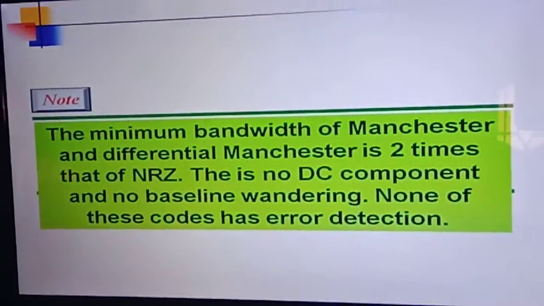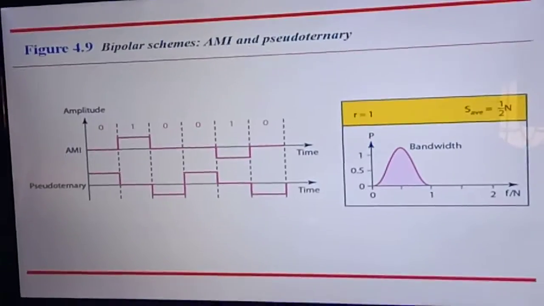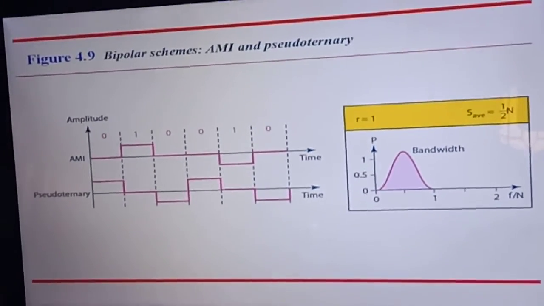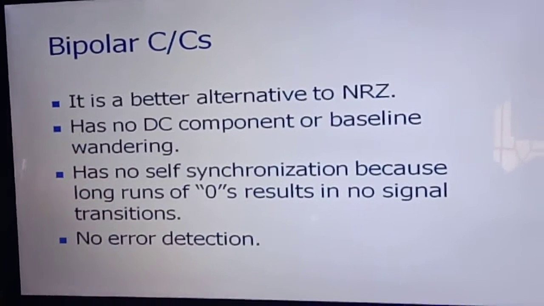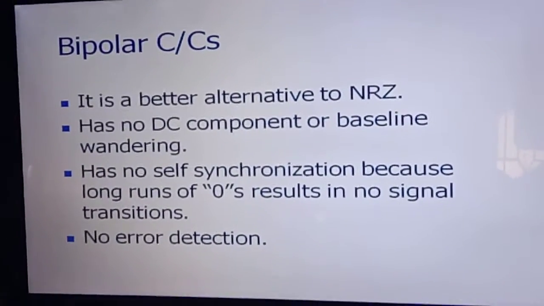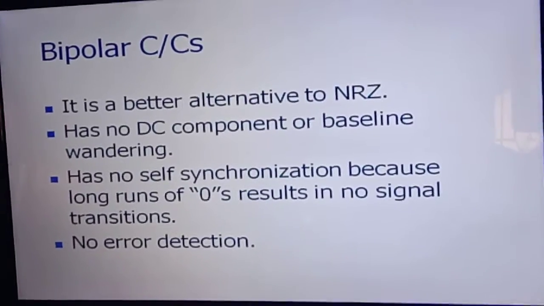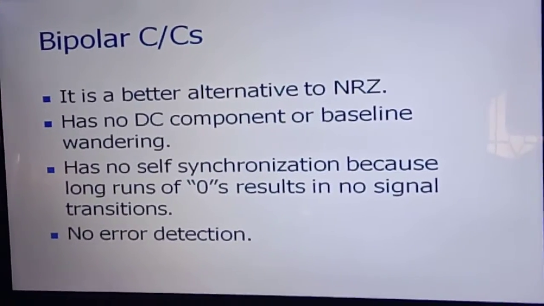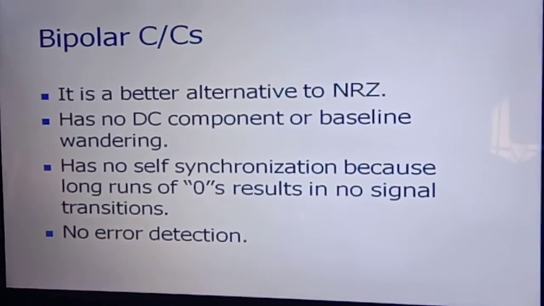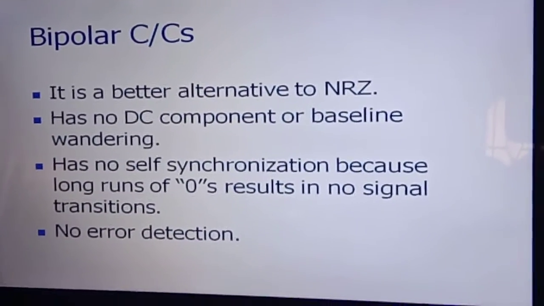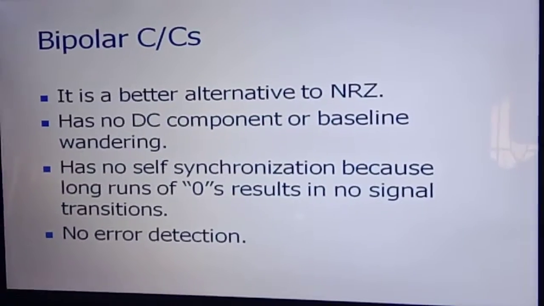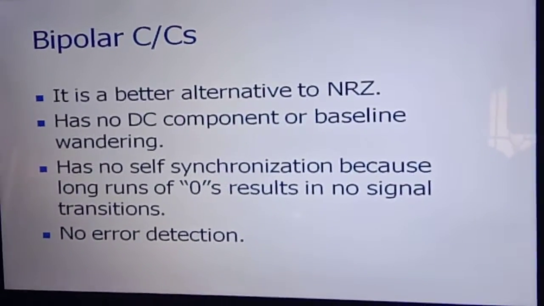So we go to the next method, bipolar coding methods. This is a better alternative to non-return to zero. It has no DC component or baseline wandering. It has no self-synchronization because long runs of zeros result in no signal transition, and no error detection.